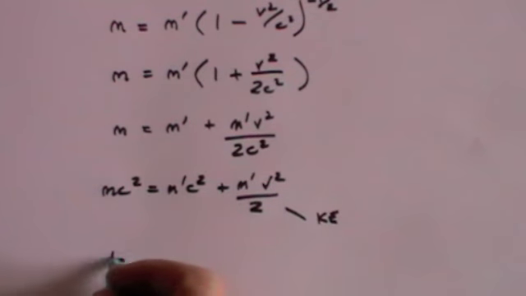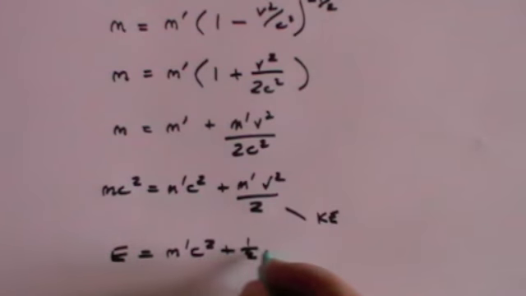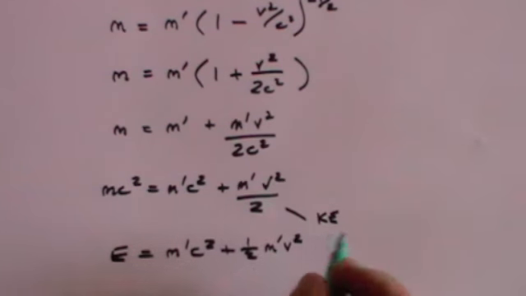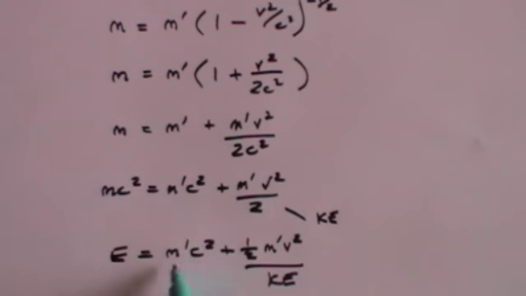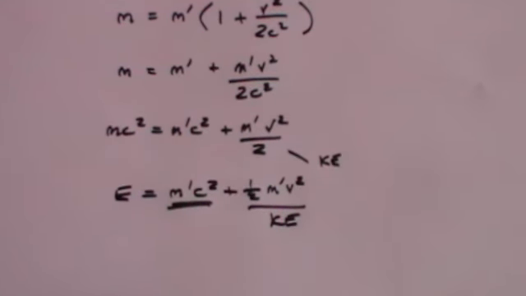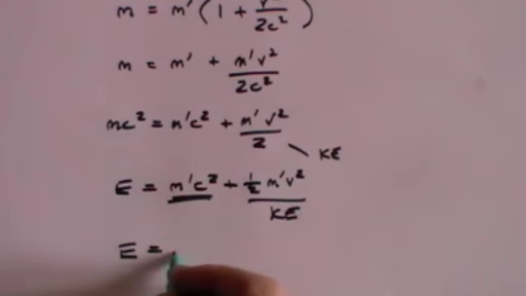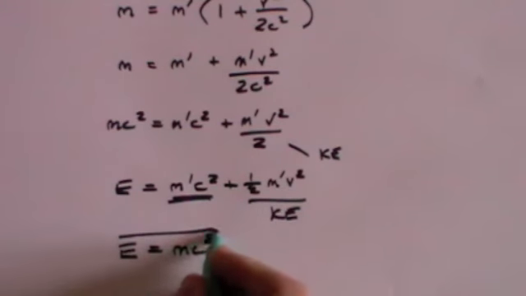So we've got energy is equal to m prime c squared plus a half m prime v squared. That's kinetic energy. That is what is often called rest mass energy. And it's the way in which essentially Einstein developed the formula that everybody knows, E equals mc squared.